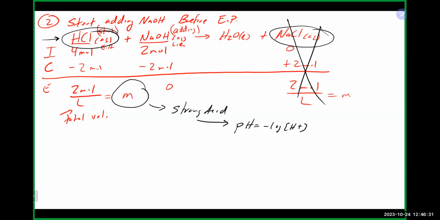Again, the purpose is to figure out the new concentration of your strong acid after it reacted with some of the sodium hydroxide that you added. You should convert it back to molarity, because you need molarity when you go into the pH. It's just really good practice to convert it back to molarity after that first ice table. That way, in pretty much all cases, you'll be in the right units that you need.